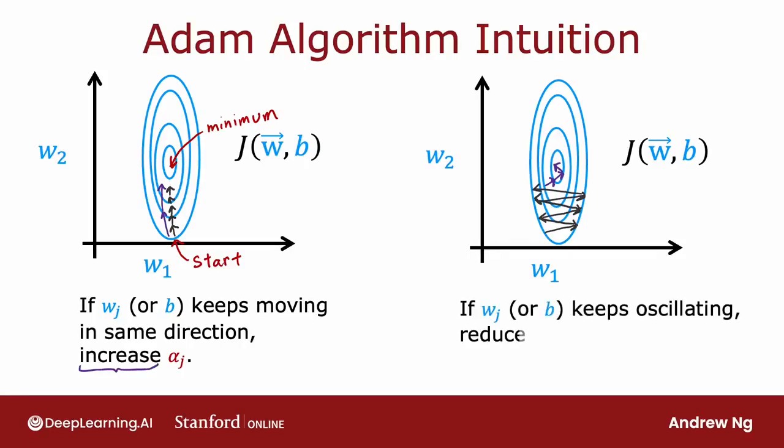Conversely, if a parameter keeps oscillating back and forth, this is what you saw in the second example on the previous slide, then let's not have it keep on bouncing back and forth. Let's reduce alpha j for that parameter a little bit. The details of how Adam does this are a bit complicated and beyond the scope of this course, but if you take some more advanced deep learning classes later, you may learn more about the details of this Adam algorithm.